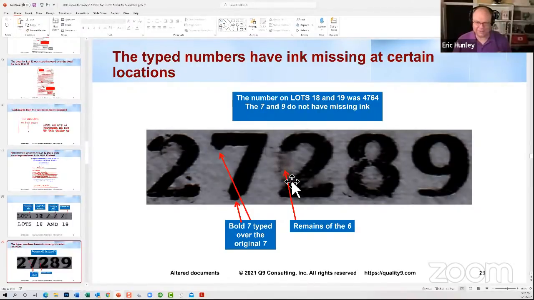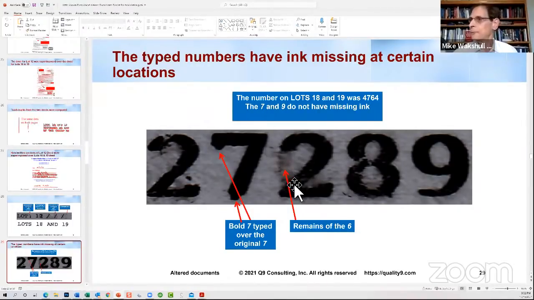You can see the ghost of the old number 6. You can see that the 8 is missing some. And you can see the 9 looks fine because there was no 9 there. So they felt they didn't need to scrape off the 7 because they were just typing over an existing 7, and the 9 wasn't there, so they just added that in.